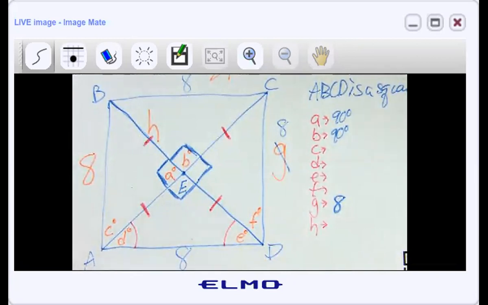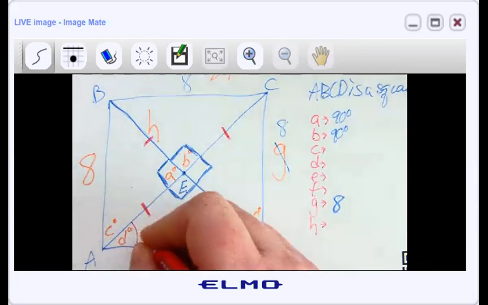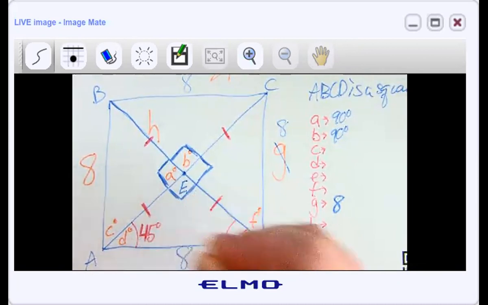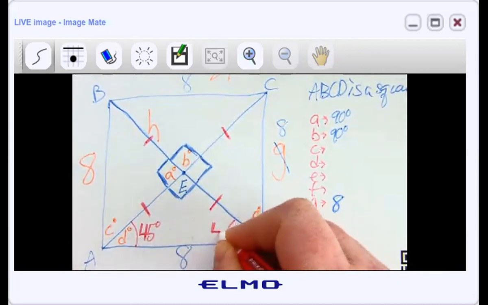So cool, right? If they all have to add up to 180, I already have 90. So take 90 away from 180, that leaves me with 90, and then I have to split it equally between these 2. So what does that mean? That means all of these little angles are going to be 45 degrees. So you're 45 degrees, you're 45 degrees.